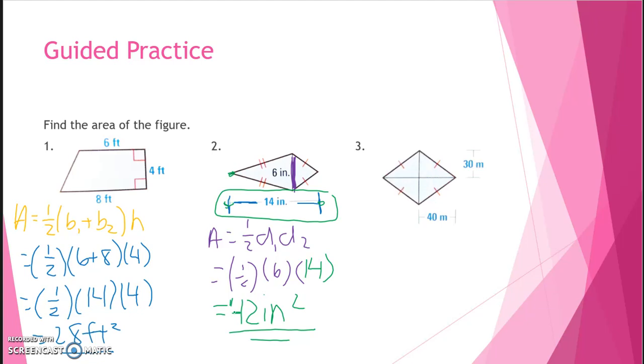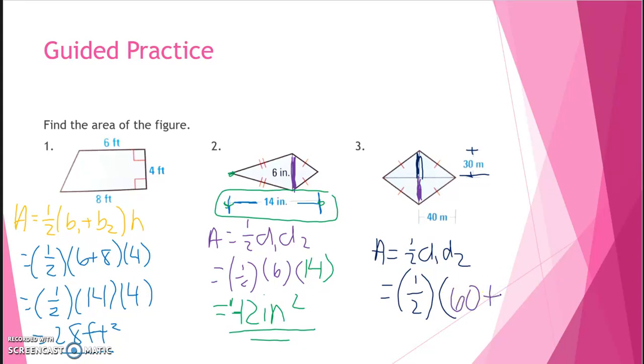Lastly, we have a rhombus. It's 1/2 D1 D2. Now remember, with your rhombus, your diagonals bisect one another. So from here to here is 30 based on how it's marked in that notation. From the center to that end is also 30 to give us 60 as our diagonal.